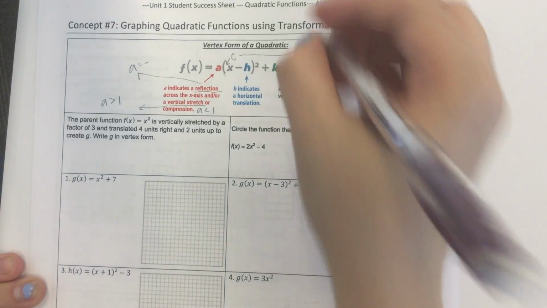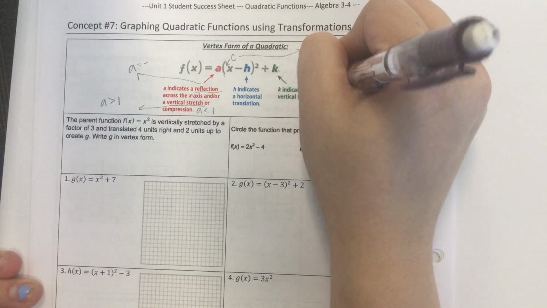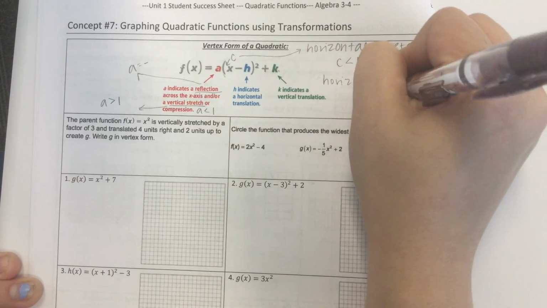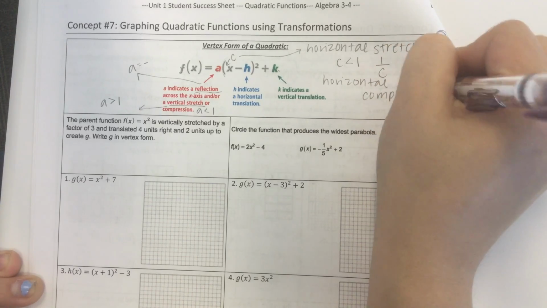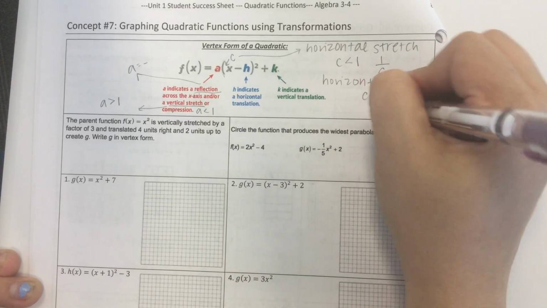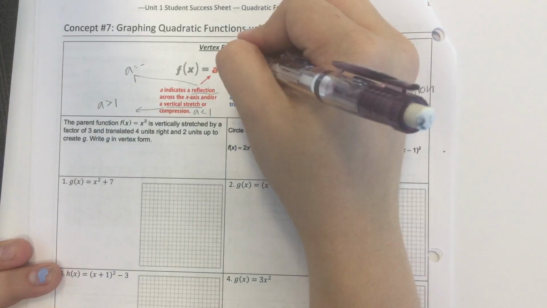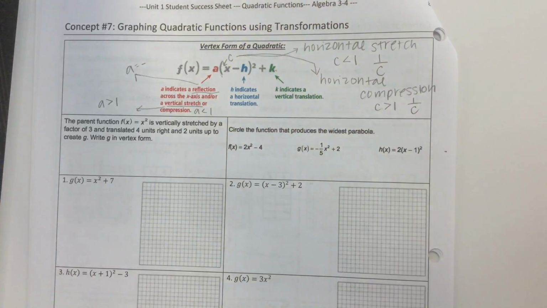So if there's a horizontal compression, then c is going to be bigger than 1, and it's going to be by a factor of 1 over c. So whatever is inside, it's horizontal, and it kind of flips things over.